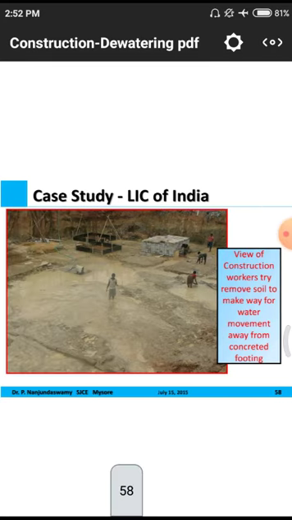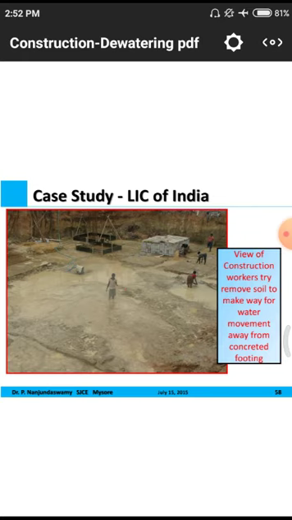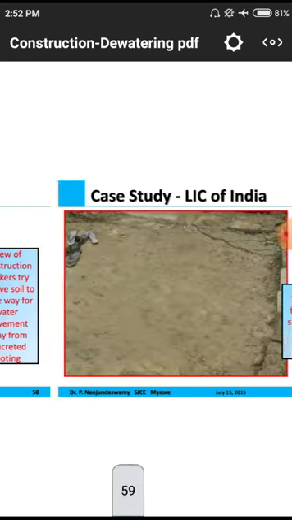That means at the edge of the footing the water also stagnates around it, so they have to give a particular route to collect the total water on the site. They maintain some slope by constructing small canal-like ways, so that the total water collects in one location, and they use pumps and motors to collect all the water in the soil, so that it will be water-free soil for the construction purpose.